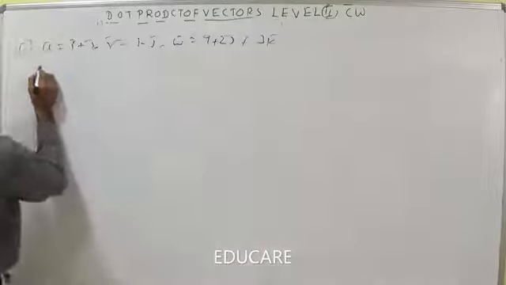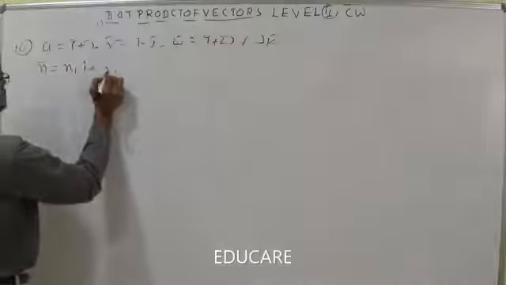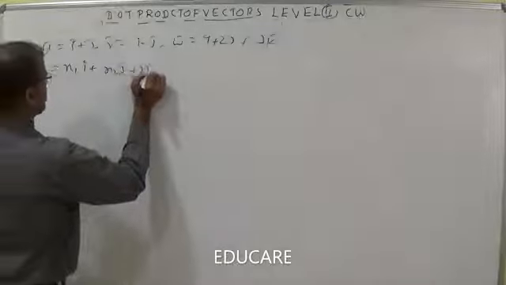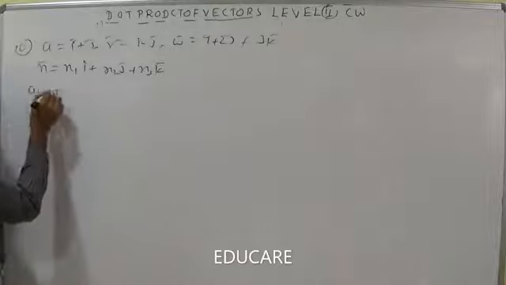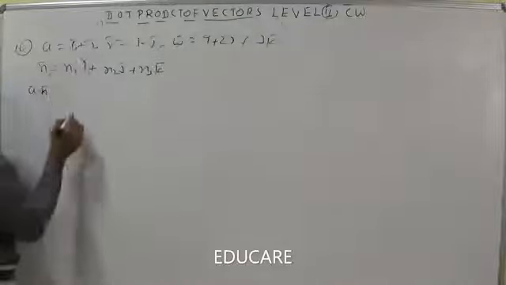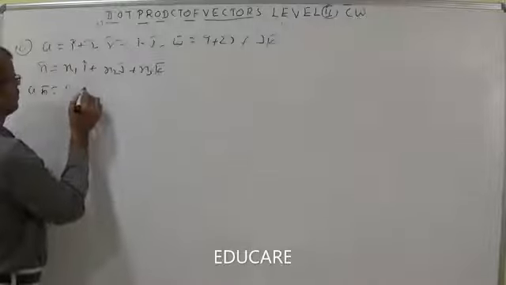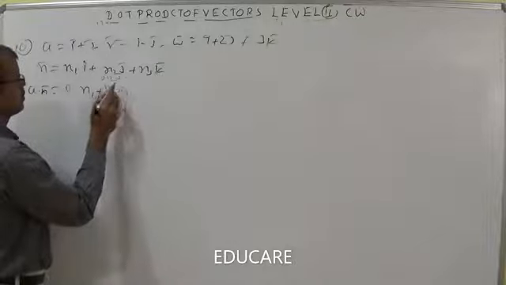Let n bar be equal to n1 I bar plus n2 j bar plus n3 k. U dot n equal to 0 is given. Whenever U dot n equals 0, you can write here n1 plus n2 equal to 0.